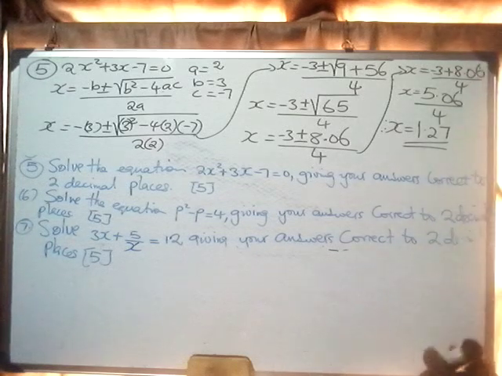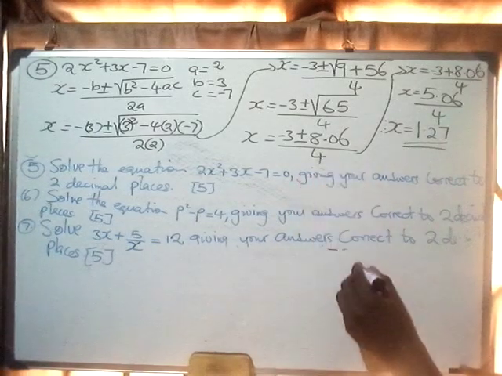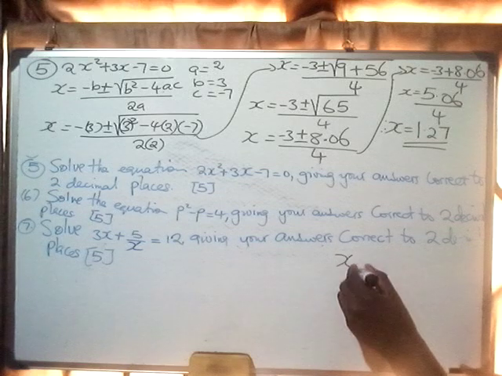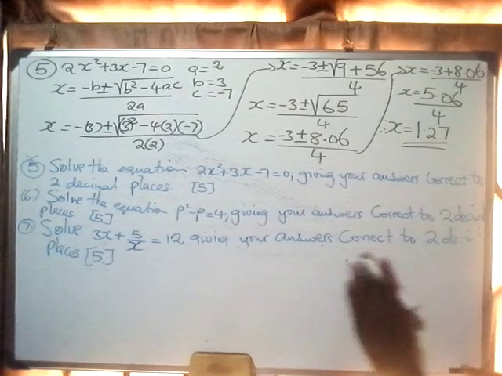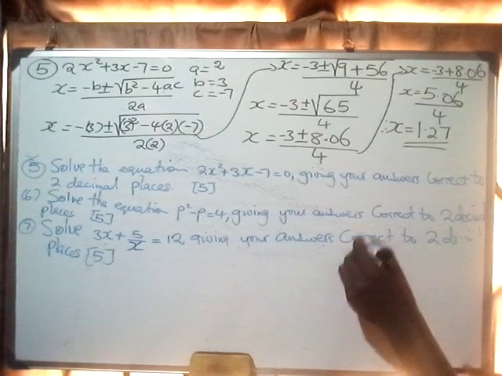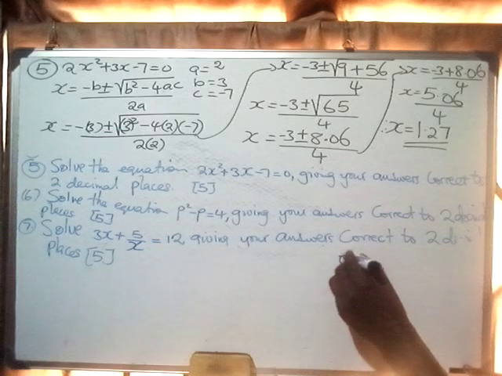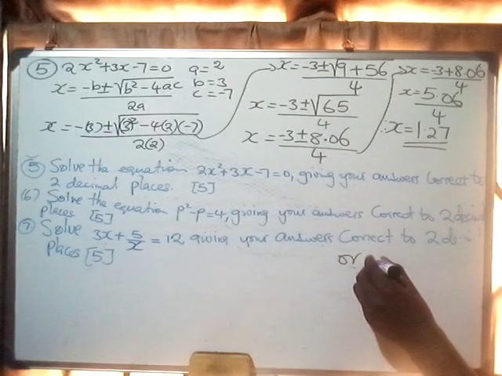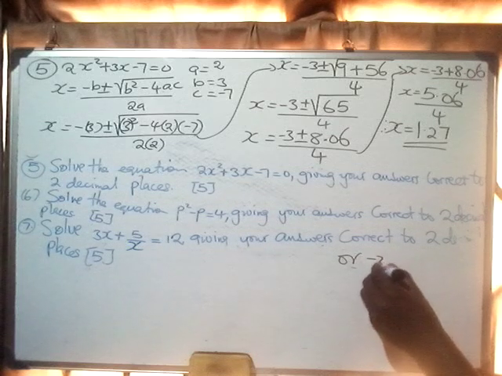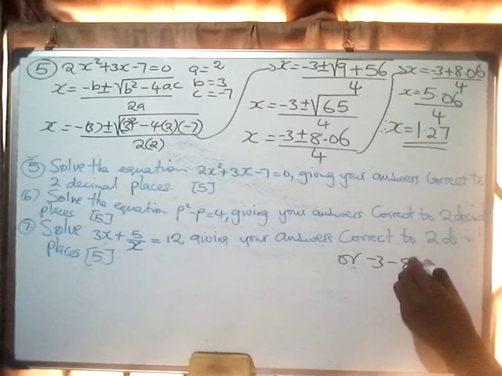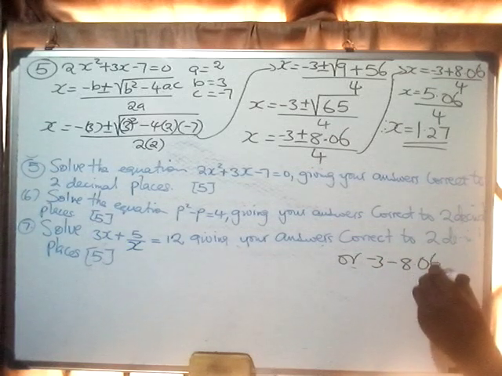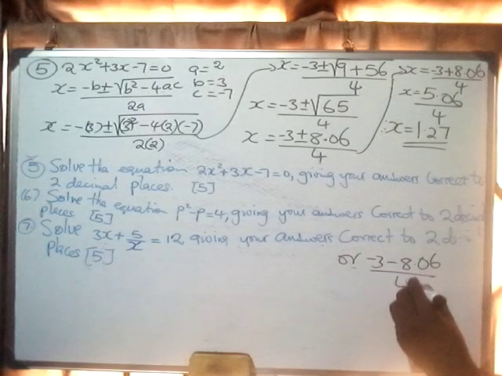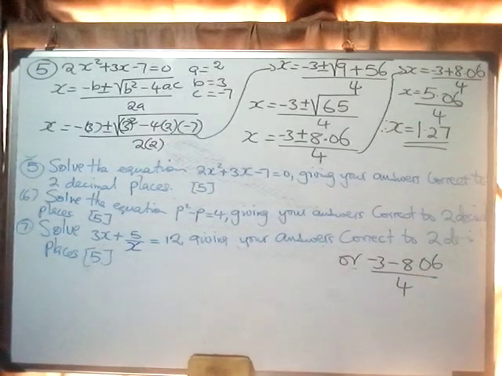What will be the second value of x? It will be x, or, negative 3 minus 8.06, whatever we have, over 4.